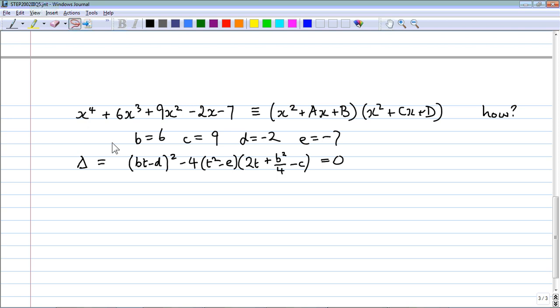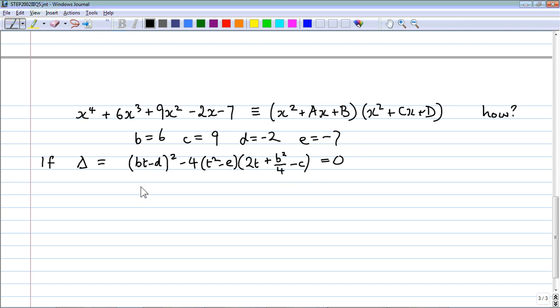So if the discriminant is 0, then I can simply replace the values of b, c, d, and e, and I'll have an equation in t.